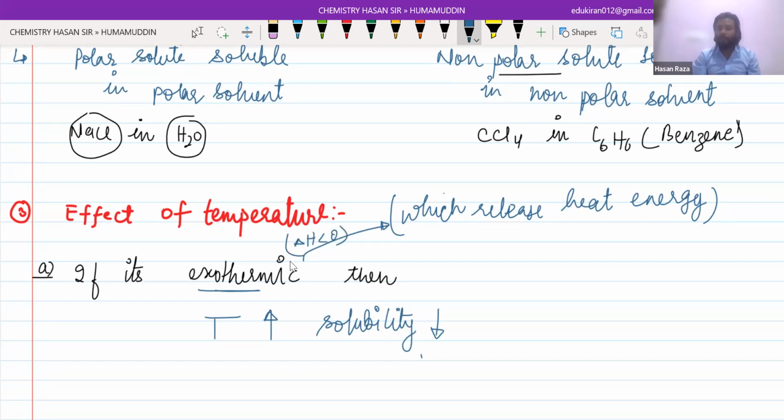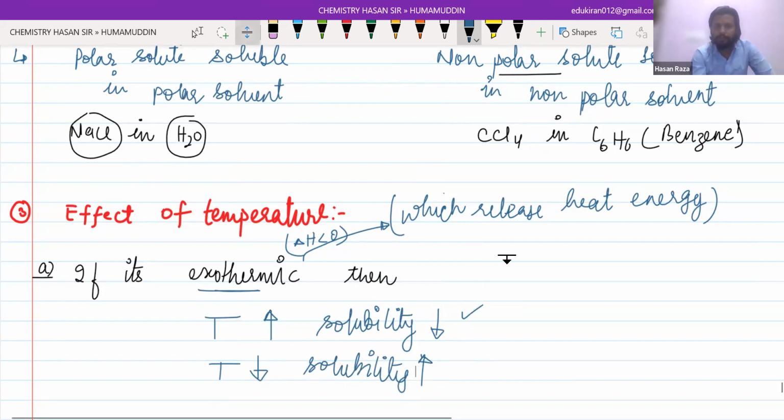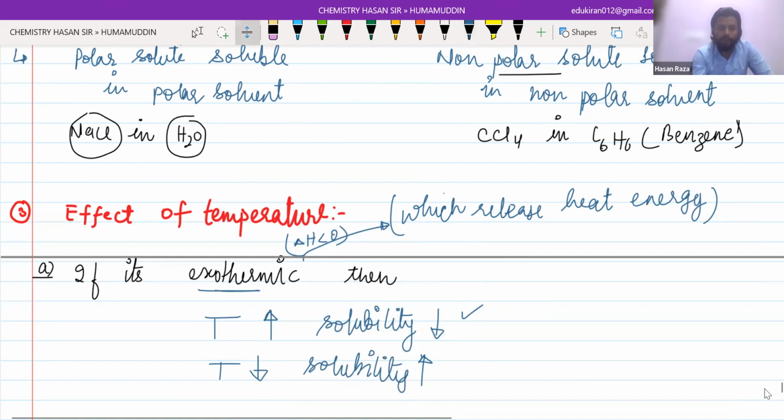If you increase the temperature, indirectly you are giving heat to the system, which it doesn't require. It will be unfavorable for that system, and hence solubility decreases. And vice versa, if you decrease the temperature, solubility increases. Yes or no? Please do let me know.